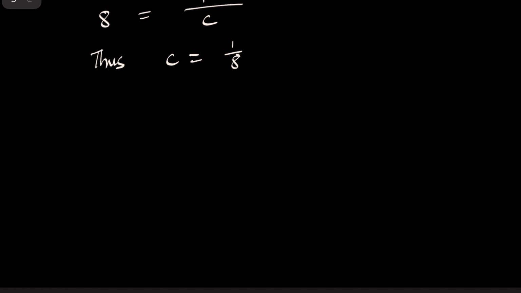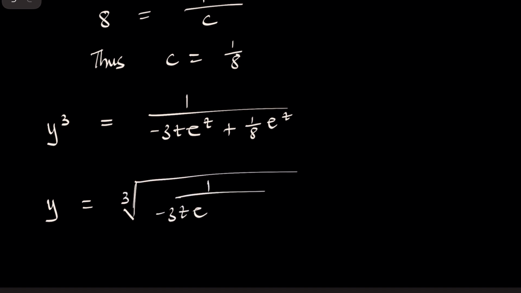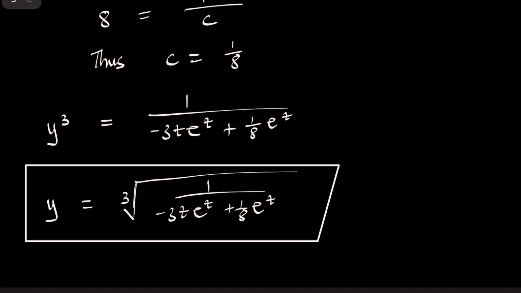Hence, our particular solution will be giving us y^3 equal to 1 on minus 3t e^t plus 1 on 8 e^t. We can take the cube root of y cubed, so that's going to give us y equal to the cube root of 1 on minus 3t e^t plus 1 over 8 e^t. And so this is our particular solution to the above question.